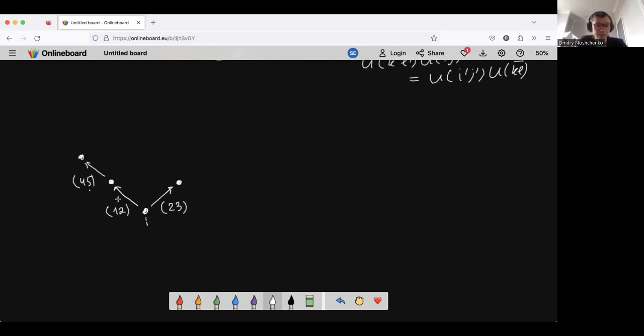Then we can apply Uij and UKL. Uij is U1,2 first, and then U4,5. And UKL is just one unlinking, U2,3.